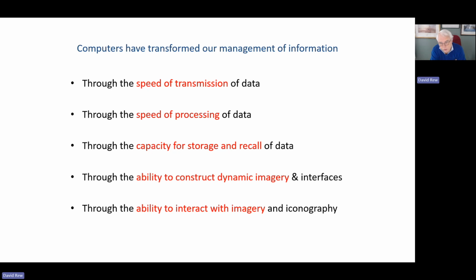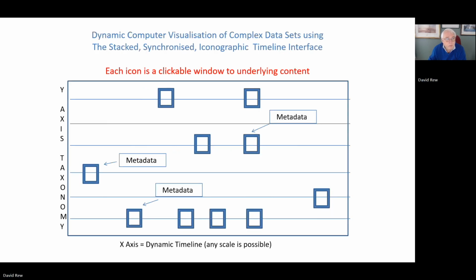They have huge capacity for storage and rapid recall of data, and we can construct dynamic imagery and interfaces from the information that we're given, and this is all pretty standard stuff now. We can also interact with the computers, obviously, through iconography or all sorts of different tools for computer interfacing, and that's very important in this story as well.